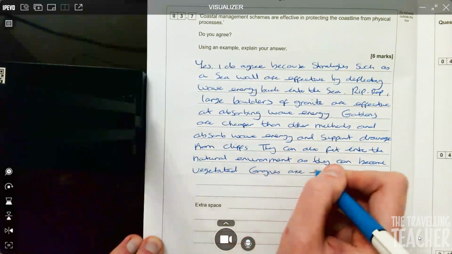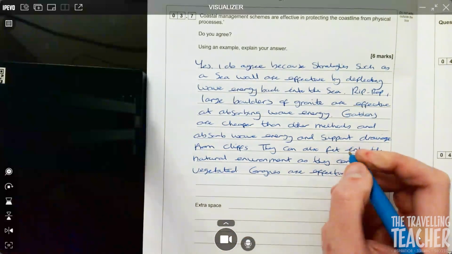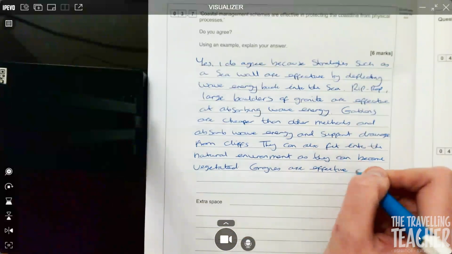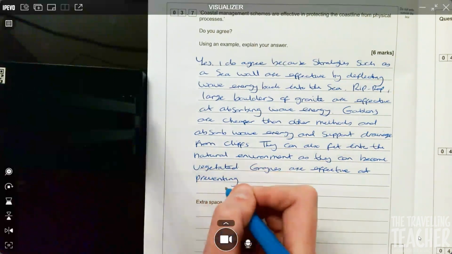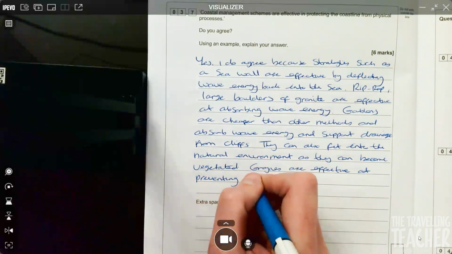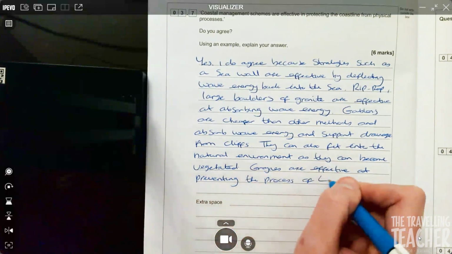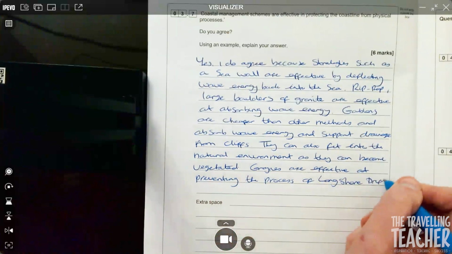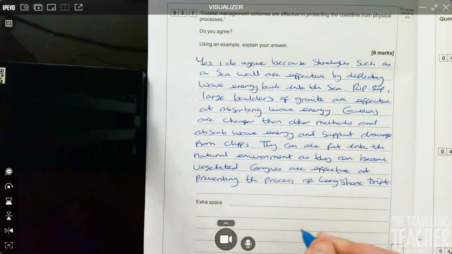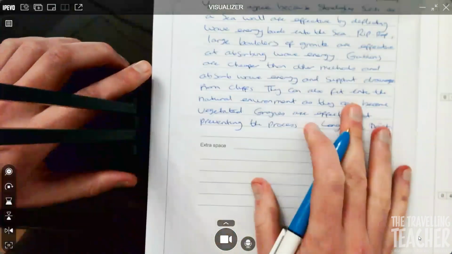Groins are effective at preventing the process of longshore drift. Now I'm going to provide a little bit of balance just below this.